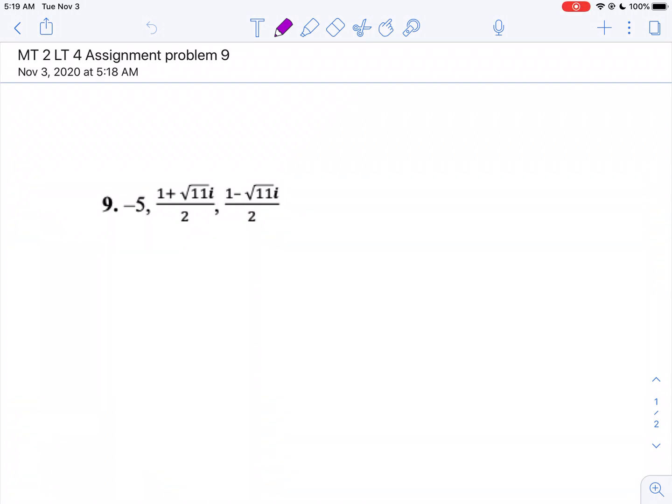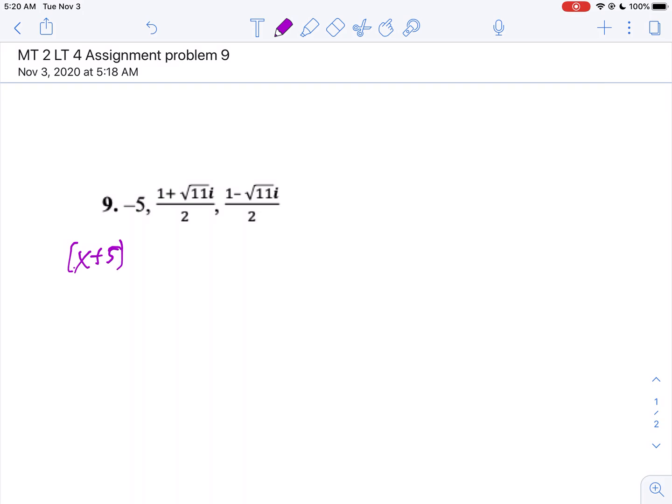Let's take a look at your MT2 LT4 assignment problem number 9. We want to write a quadratic equation, or rather a polynomial function, that has these roots. So we're going to say that's going to be x plus 5.